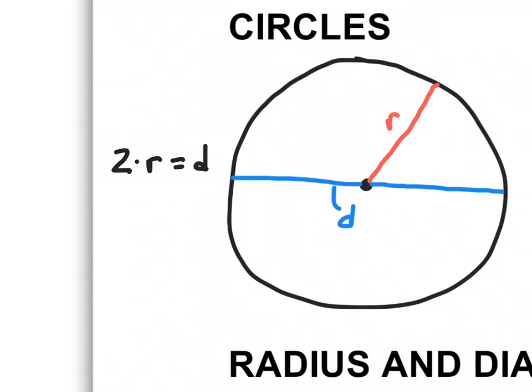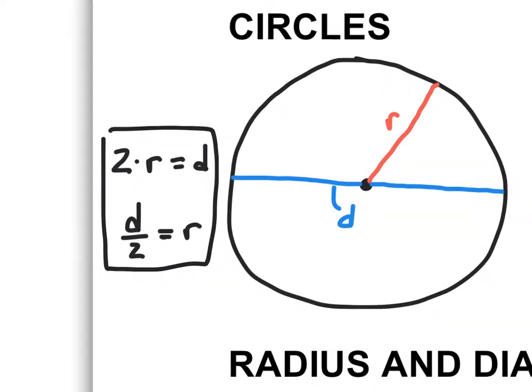The other thing is that if I divide my diameter by 2, I would also get my radius. These are important to know and remember because we're going to use these quite a bit.